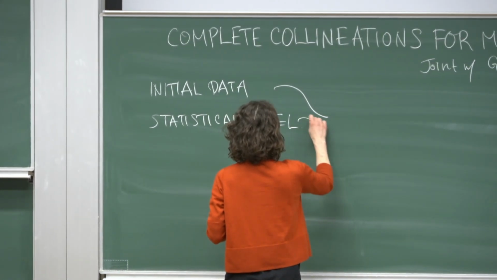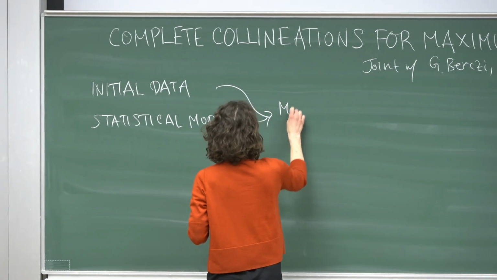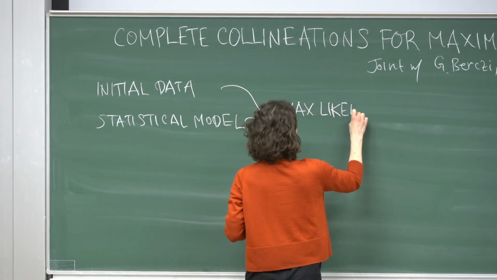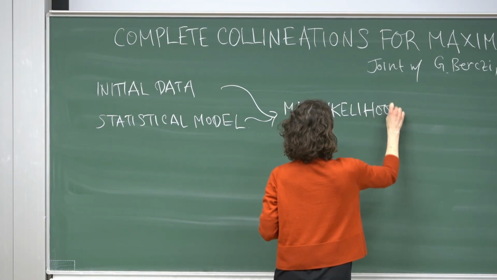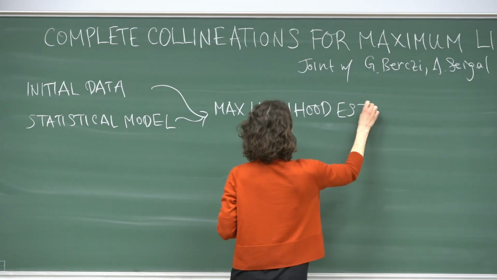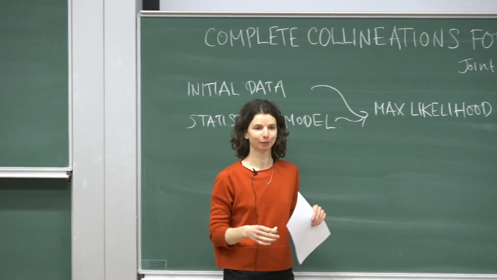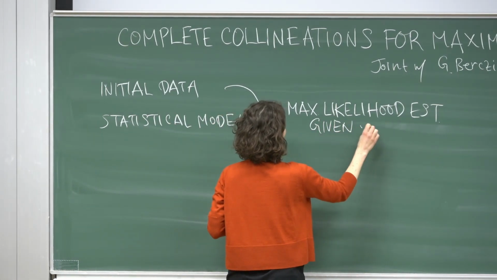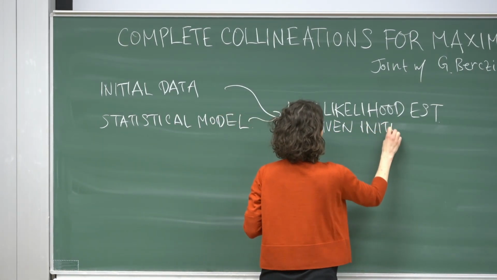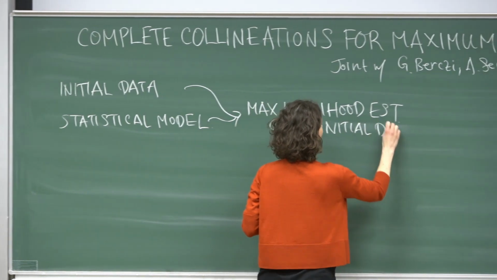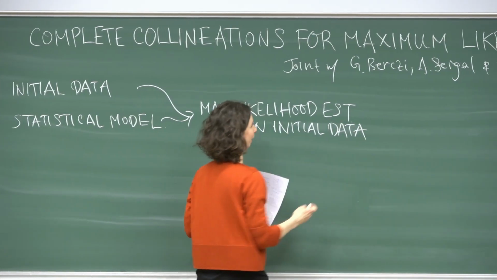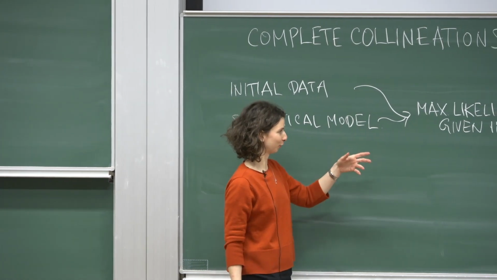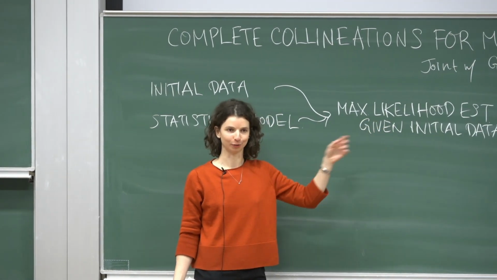So these two things give rise to the maximum likelihood estimate, which I'll just call MLE from now on, given the initial data. And if you remember from Carlos's talk, there are different ways that this maximum likelihood estimate can behave.